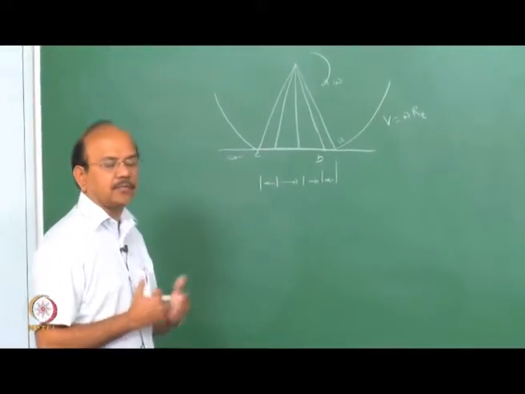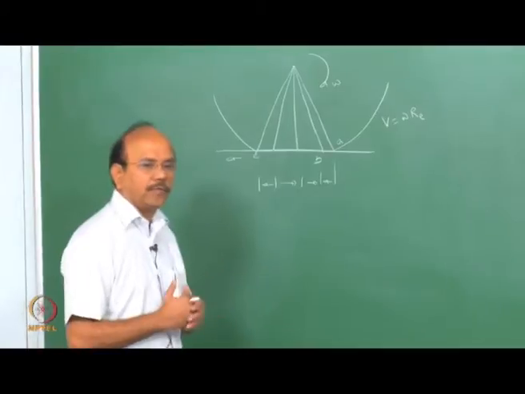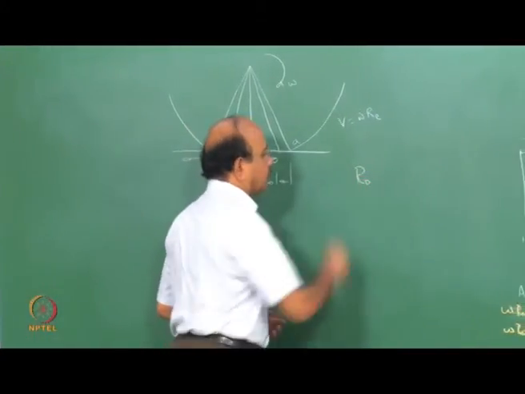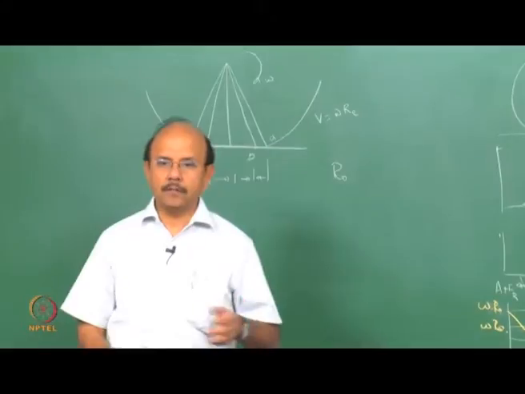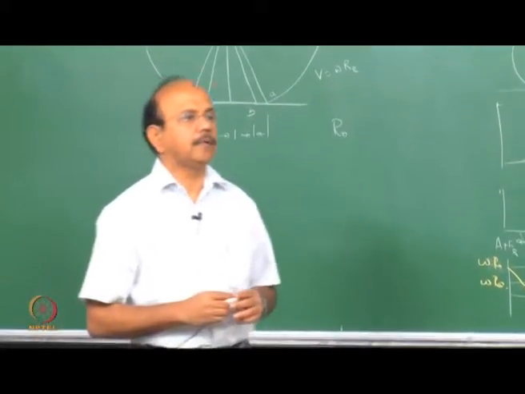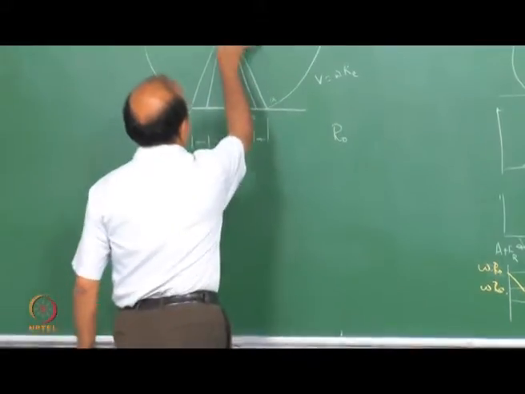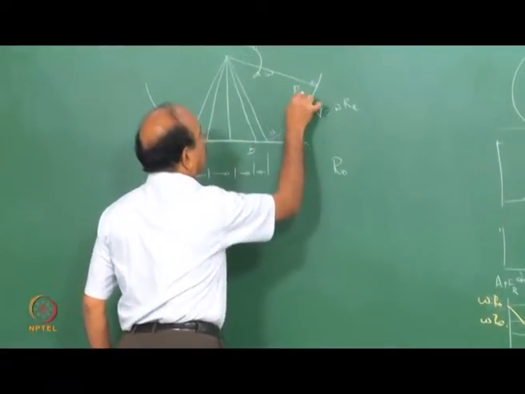One is what we called the undeformed radius of the tire, R0.